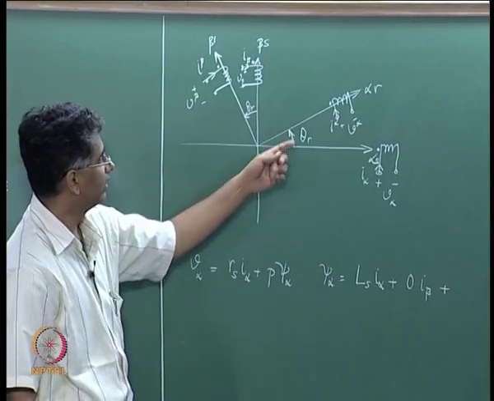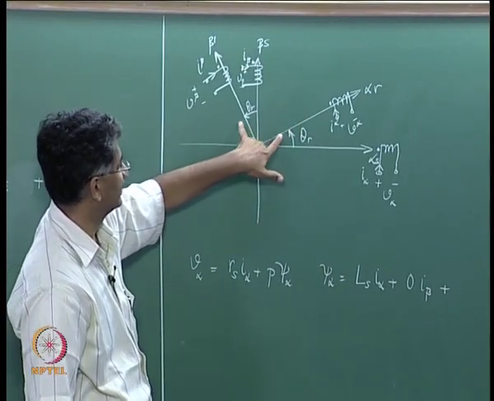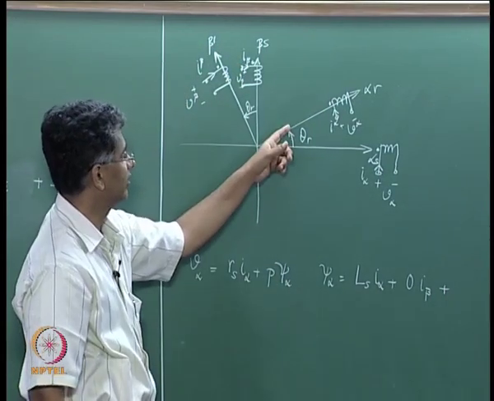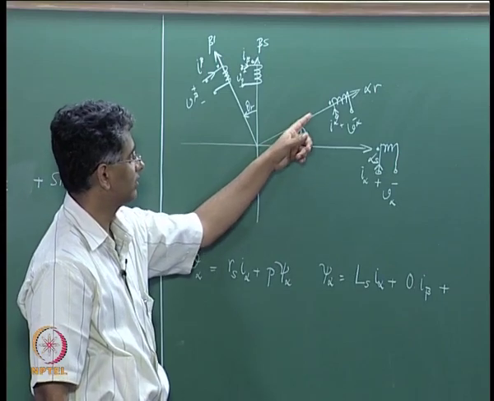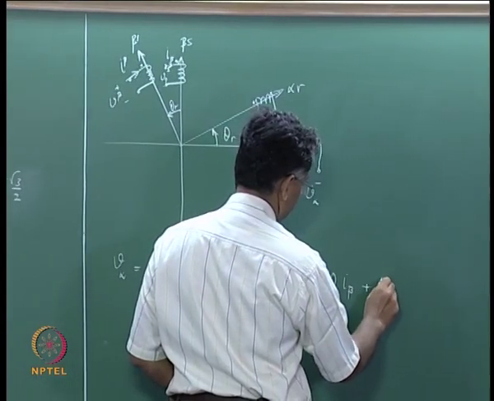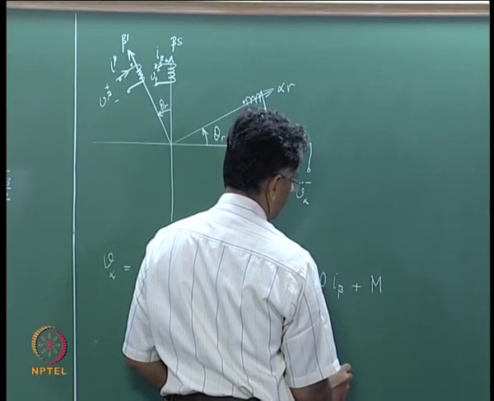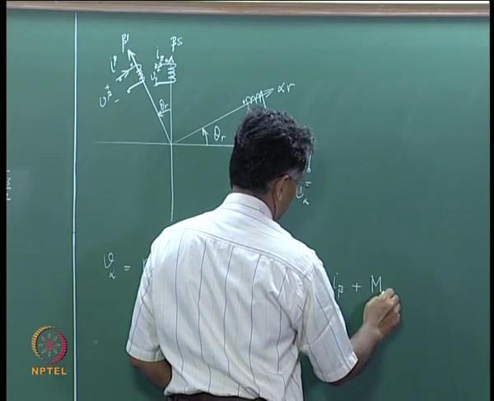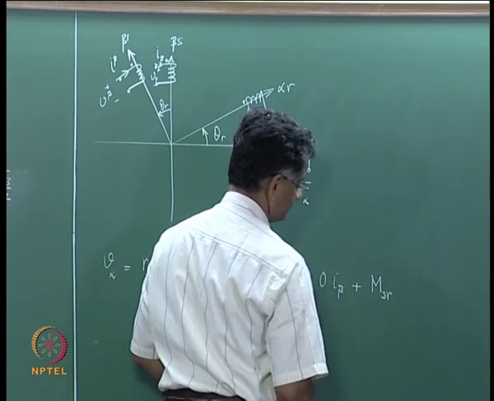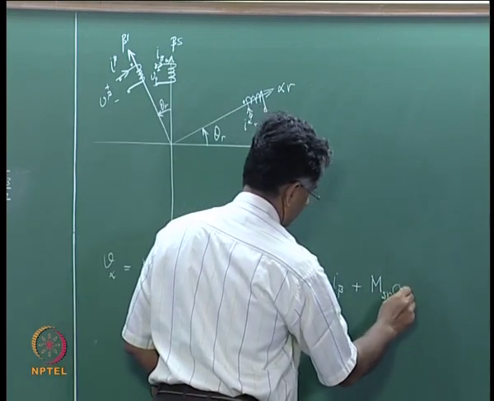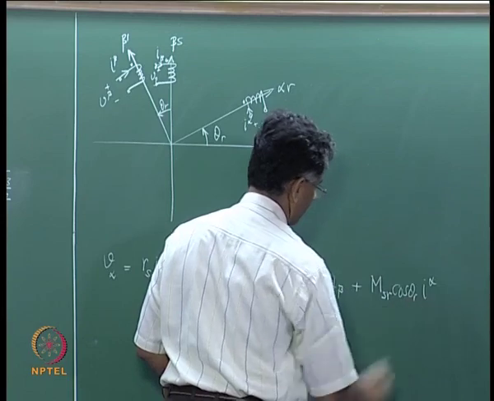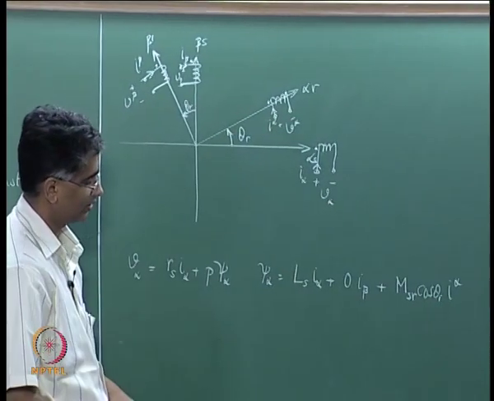And then there would be a flux linkage because these two axes, alpha r axis and the beta r axis, are rotating. So, there will be a mutual flux linkage between this coil and this coil, and if you call that as MSR times cos theta r multiplied by I alpha, that is the current that is flowing here.